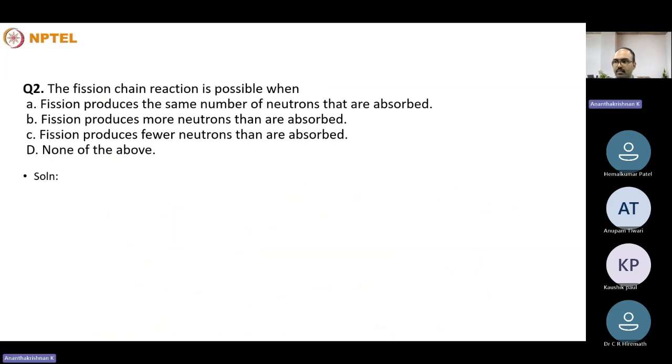Look into the second problem. Try to solve it. I'll also try to solve it in a minute.